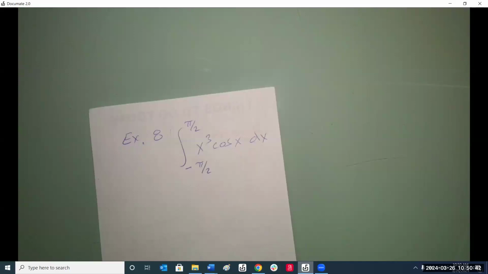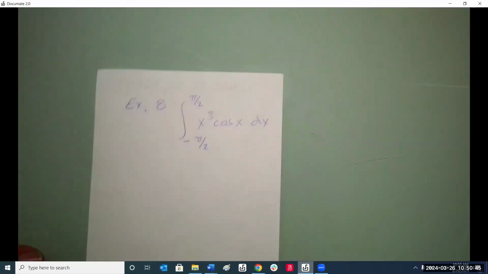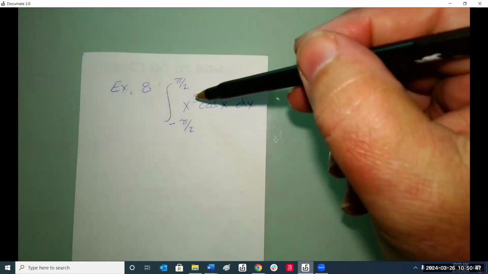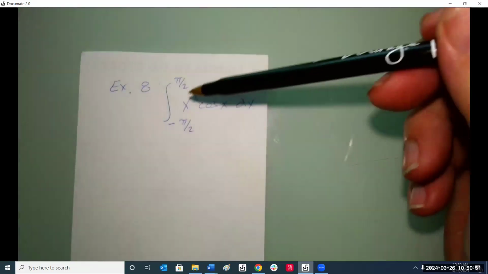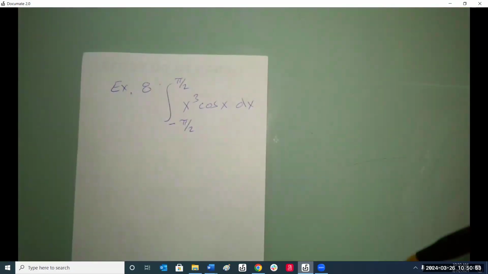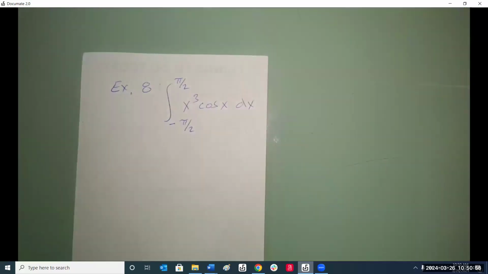We don't have a direct way, as of yet, of integrating this product because we can't use u du, because there's nothing that satisfies the conditions.